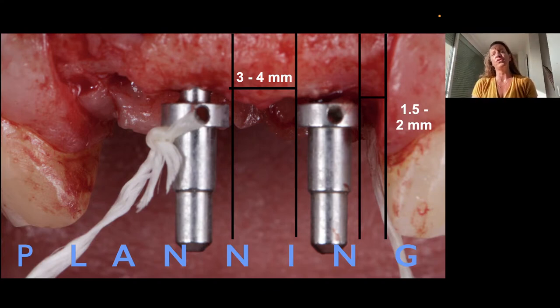So you have to be aware of this, that between implants you want to have at least 3 millimeters mesial-distal, and between an implant and a tooth, like we talked about in the last lecture about single implants, you have to have at least 1.5 millimeters of space in order to have a good bone healing, a good healing of the soft tissues, to have papilla between them.